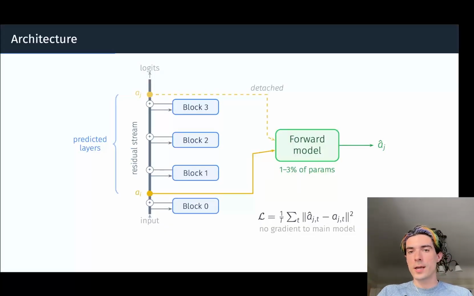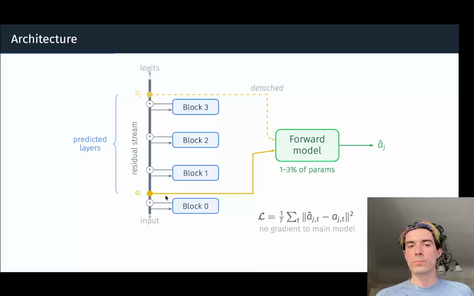So here's a diagram of what the architecture of a forward self model typically looks like. On the left here, we have a simplified transformer with 4 blocks. And what we're doing is just sampling the activations at 2 given points within the model.